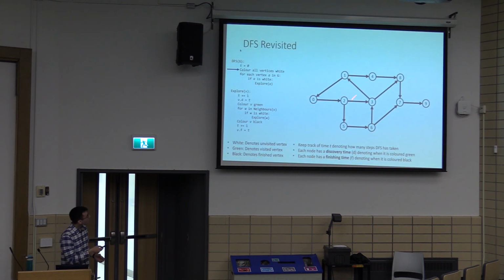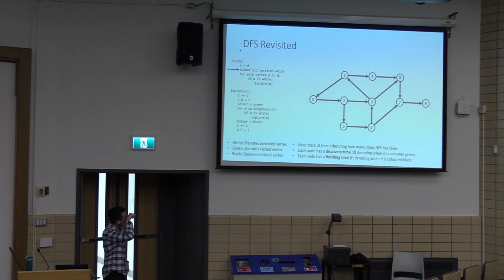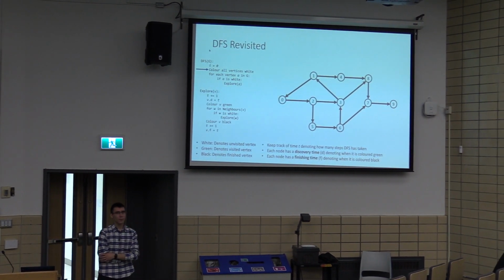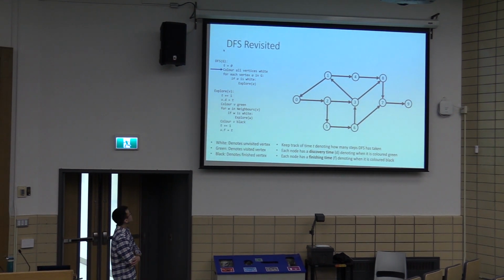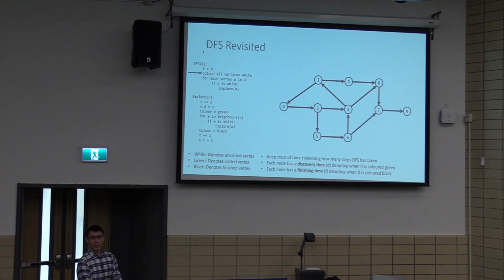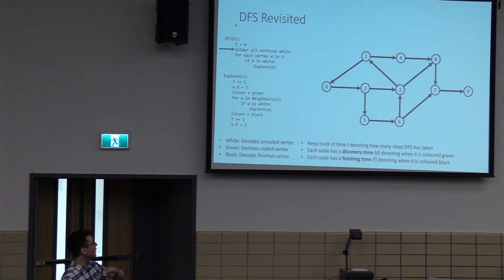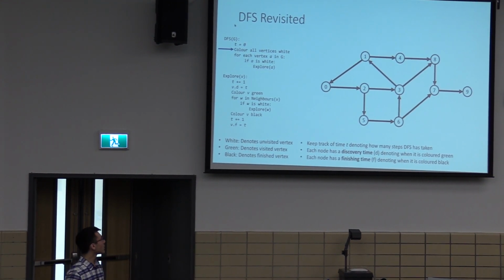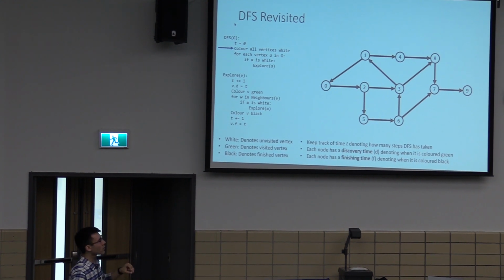Okay, so graph applications. Now we're going to revisit depth-first search. With depth-first search, intuitively, we start at a certain node, and then we keep going as far as we can until we can't.